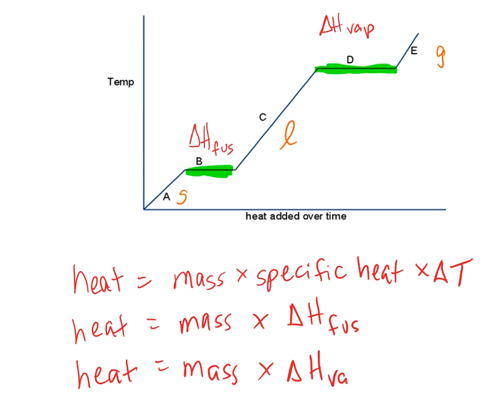So again, you want to just start by looking at your temperatures and think about what that indicates in terms of the phase that you're starting in and ending up in. And from there, that will tell you how many equations you need to use and which equations to use. And once you utilize the energy for each segment, you simply add them together to get the total amount of energy required for that change.